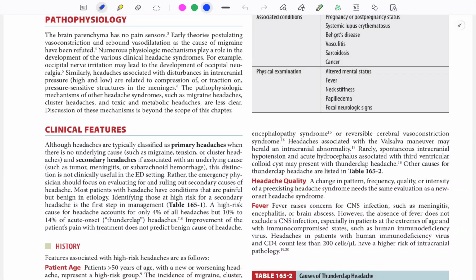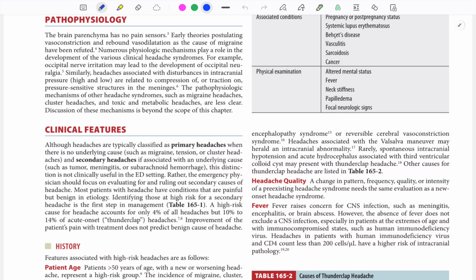Earlier, we had studied in our second year that serotonin mediated vasodilatation of the brain causes that pulsatile headache. This has been refuted, because vasoconstriction and rebound vasodilation does not cause migraine. It is mostly your trigeminal nerve fibers.